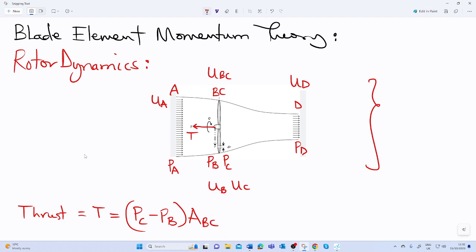Don't let us forget that rotor area ABC equals pi r squared.